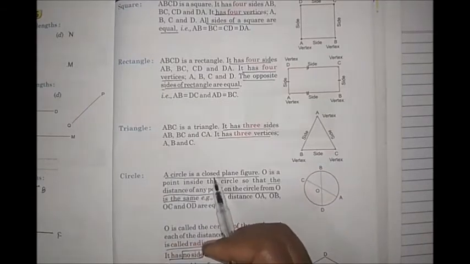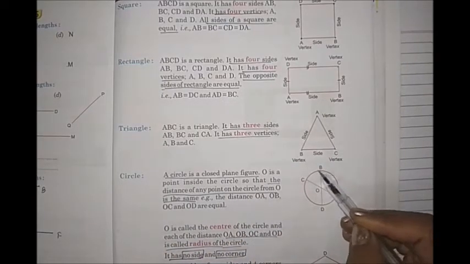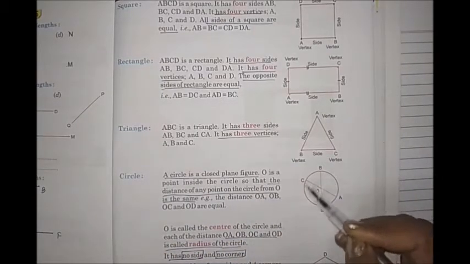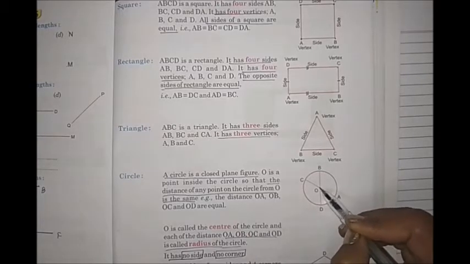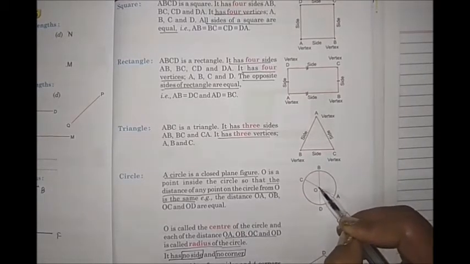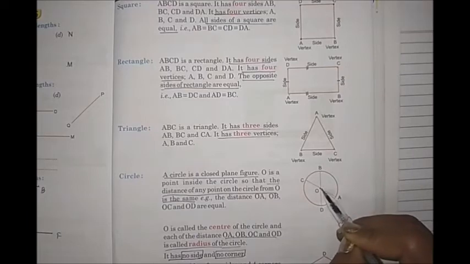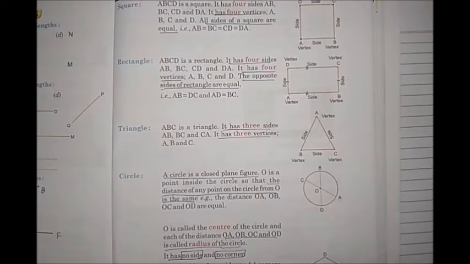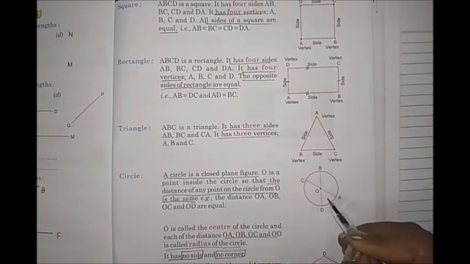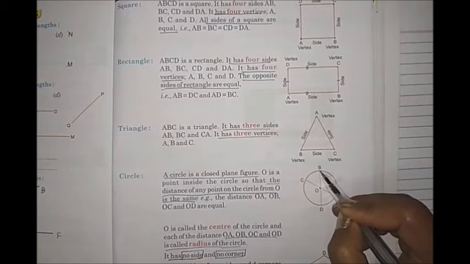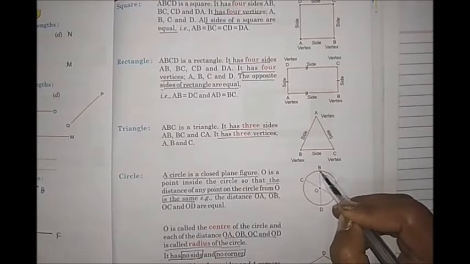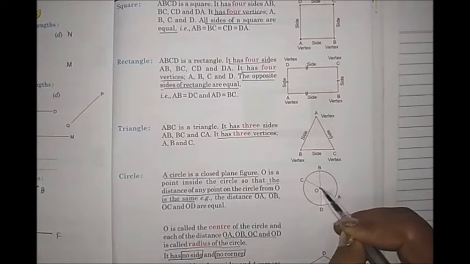Next is circle. A circle is a closed plane figure, round in shape. And here you see O. O is a point inside the circle. The distance of any point on the circle from O is equal.